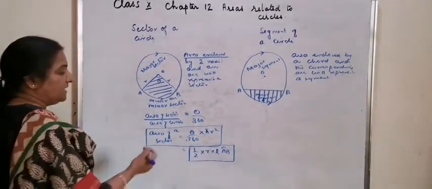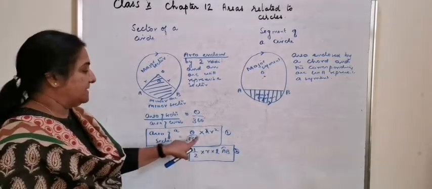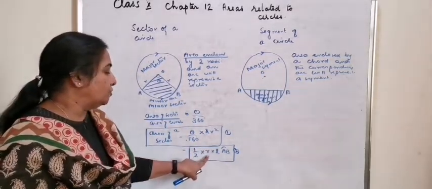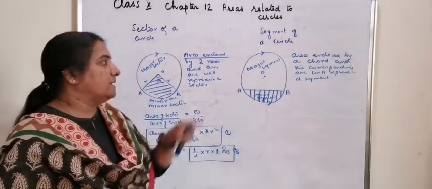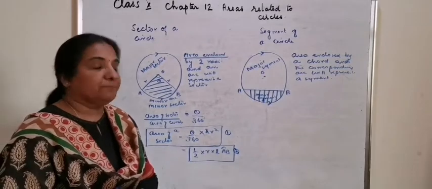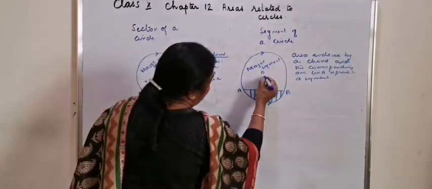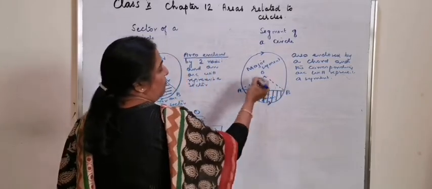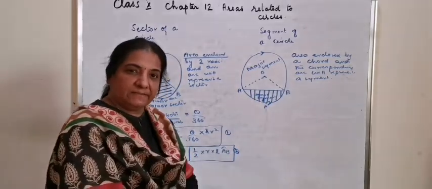Thus, the first formula is theta by 360 into pi r square. The second formula is half into radius into length of an arc. Area of segment. If you join the radius, OAPB represents a sector.